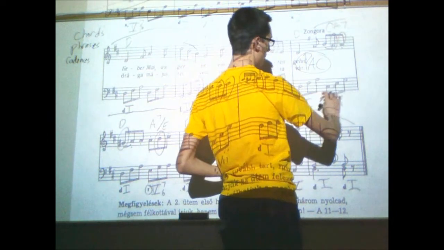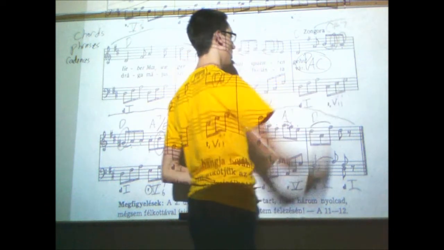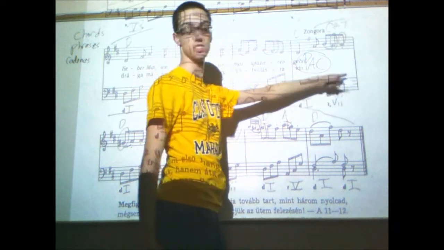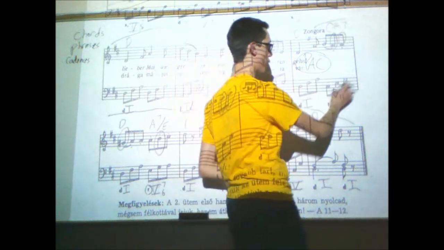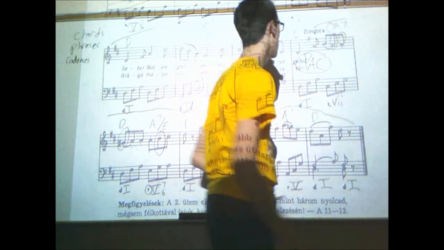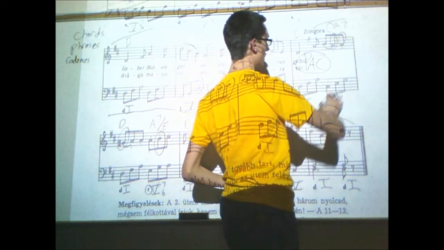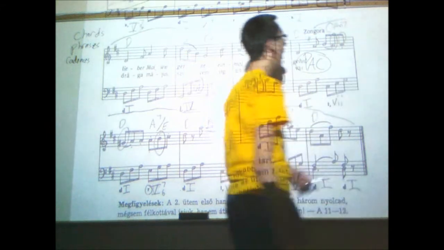7th, because you have the arpeggiation going down a sequence to the C sharp. So C sharp, E, and G. So it actually is C sharp diminished 7.